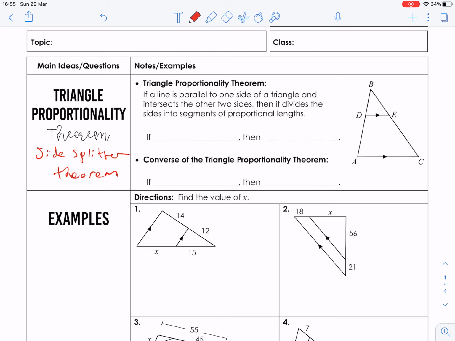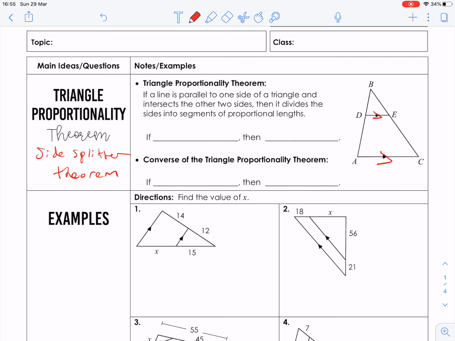What it says is if a line is parallel to one side of a triangle and it intersects the other two sides, then it divides the sides into segments of proportional length.